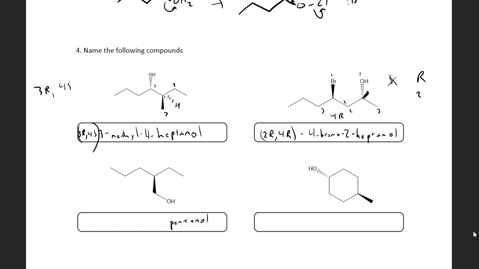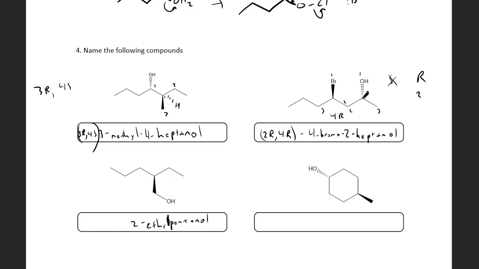We have an ethyl at the 2 position, so 2-ethyl pentanol. I shouldn't have put a dash right there. I just wanted to fill space because I was writing backwards. So 2-ethyl pentanol. And then, like I said, we have a stereocenter right there.